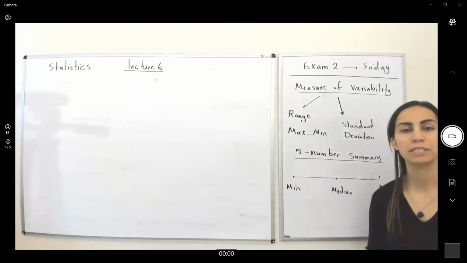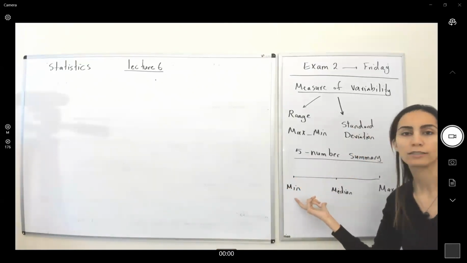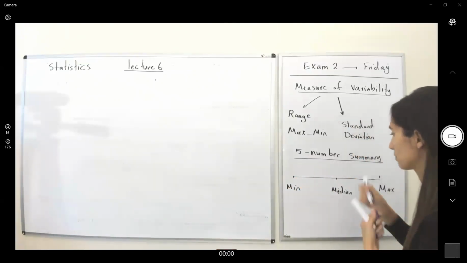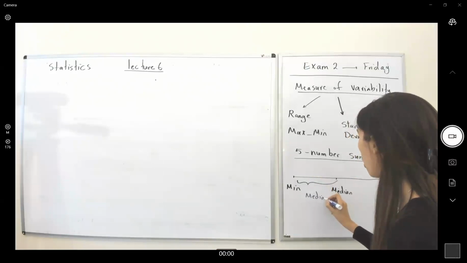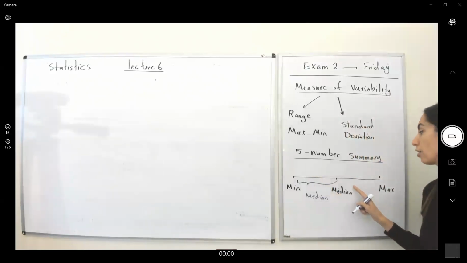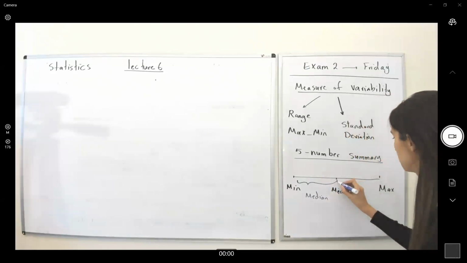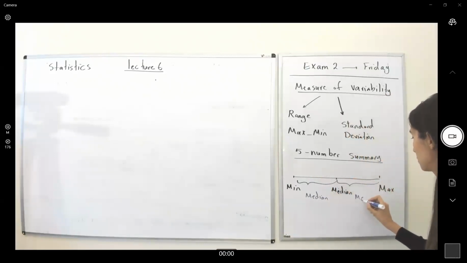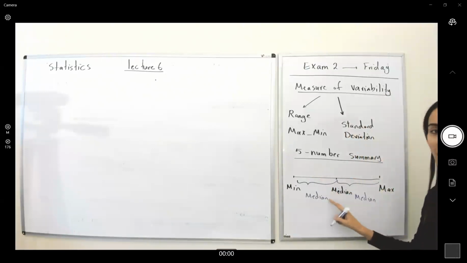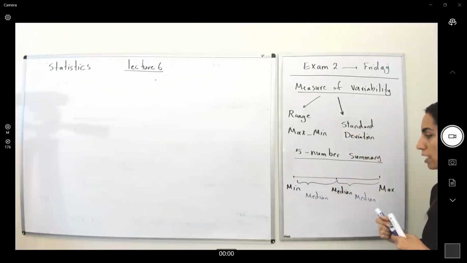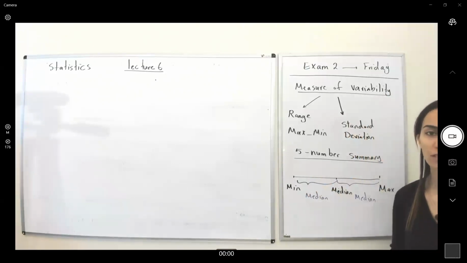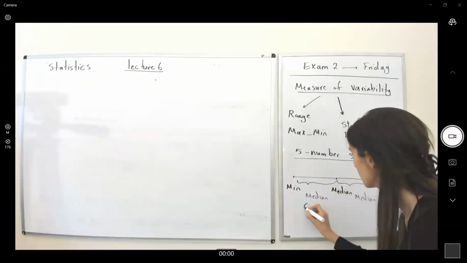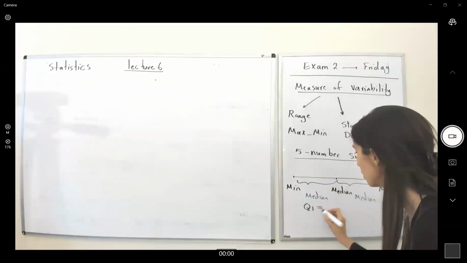After you find the median of the collection, you're going to find the median of the data on the left-hand side. Also, you need to find a median of the data on the right-hand side. We actually have names for these numbers. The median of the first half of the collection is called the first quartile, Q1.